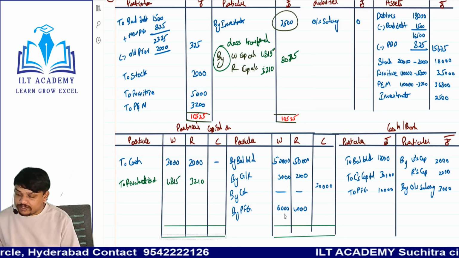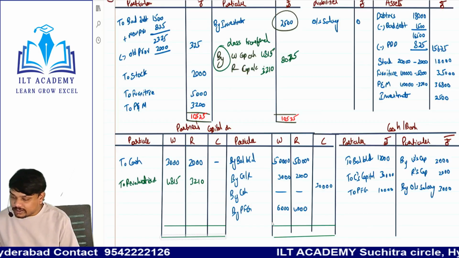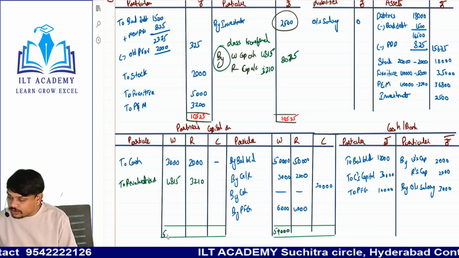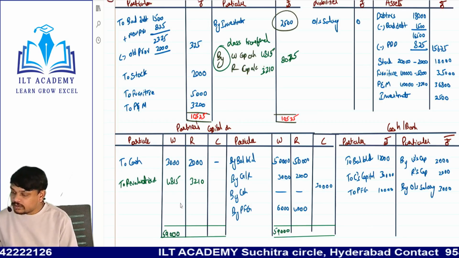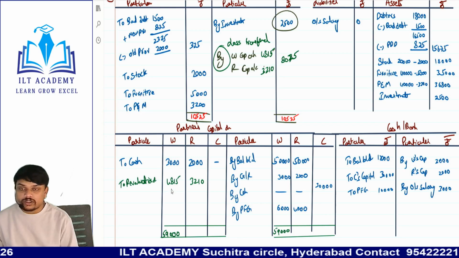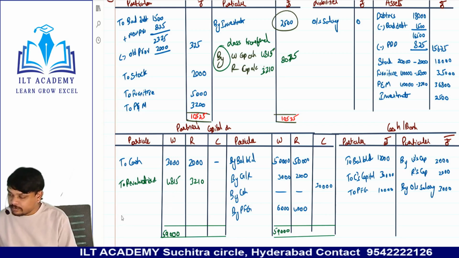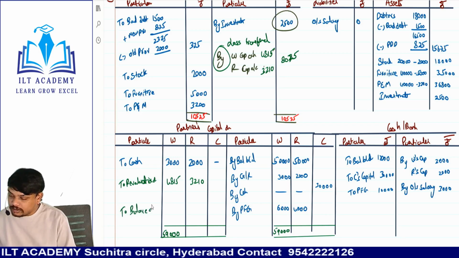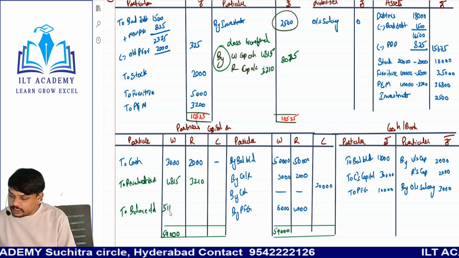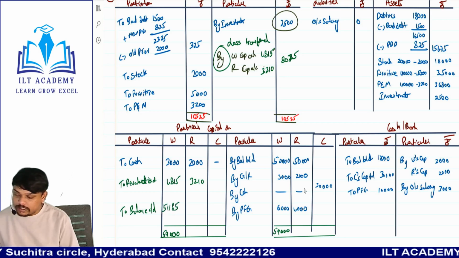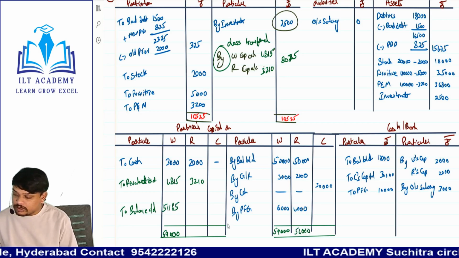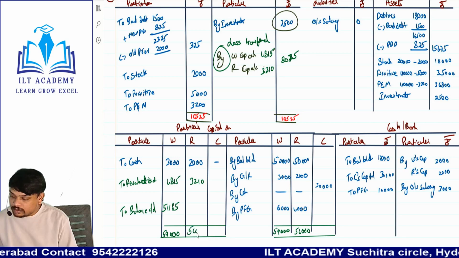This side it is 59,000. 59,000 minus 3,000 minus 4,815. How much more? To balance carried on, capital balance. 3,000 plus 52,000.